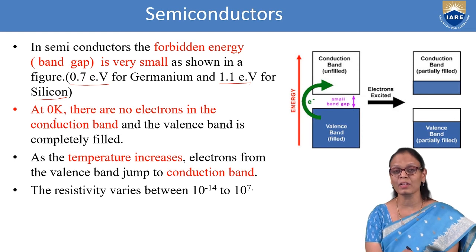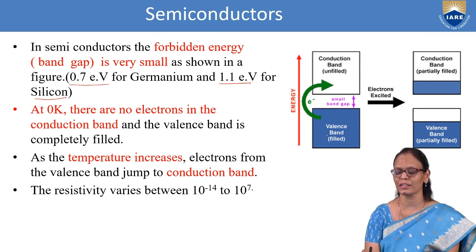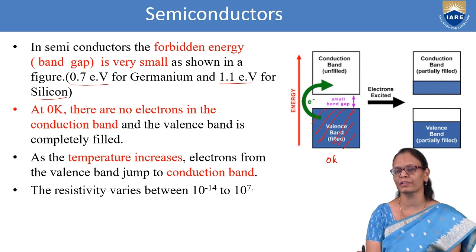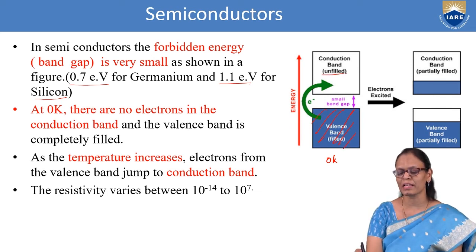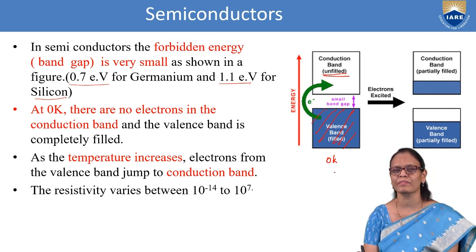Now at 0 Kelvin there are no electrons in the conduction band and the valence band is completely filled. If I take a semiconductor at 0 Kelvin, this valence band is completely filled with electrons, but this conduction band is unfilled. There are no electrons here at 0 Kelvin.